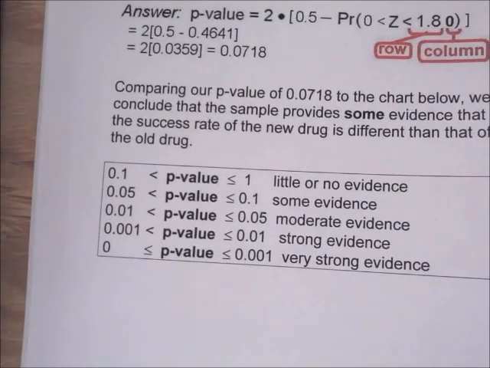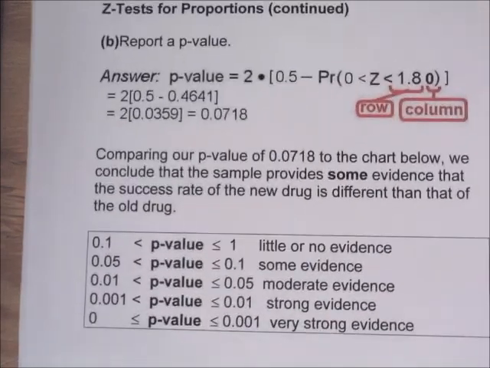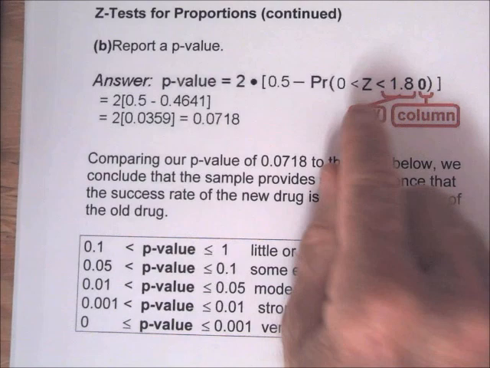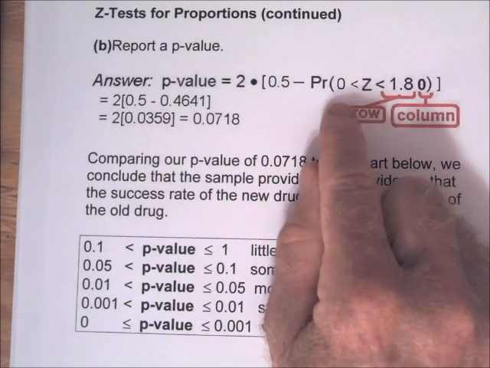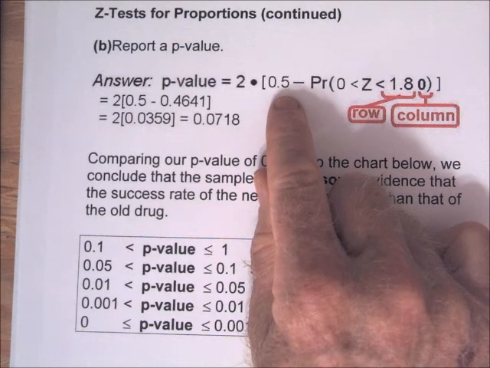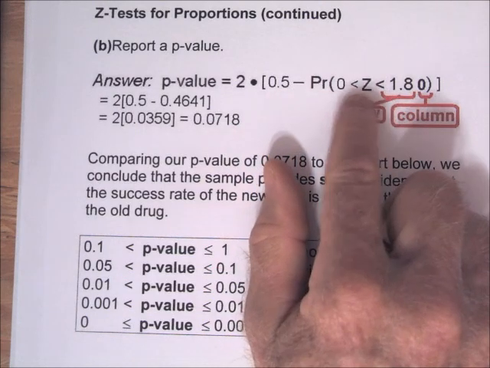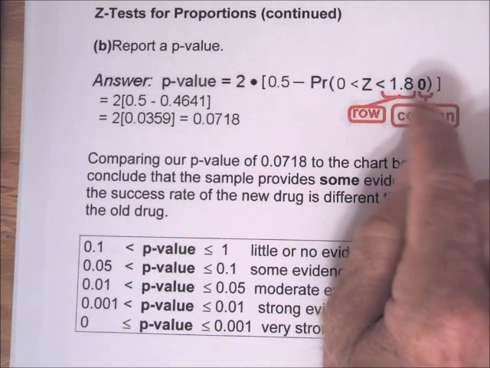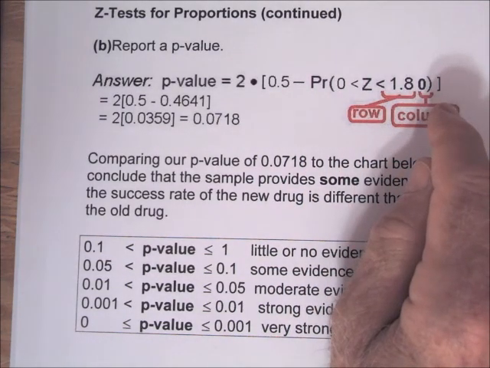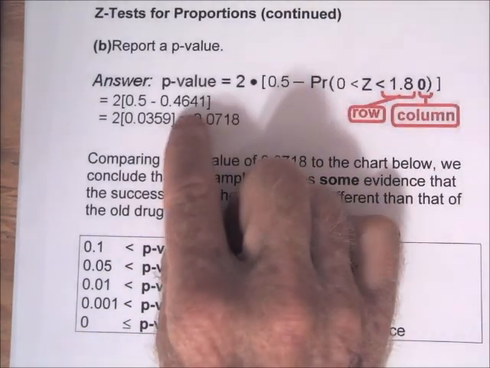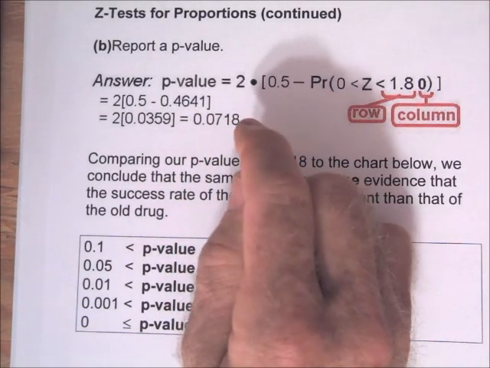We can also compute a p-value. It's 2 times 0.5 minus the probability that z is between 0 and 1.80. And if we look up in row 1.8, column 0 of the z-table, that's 0.4641.